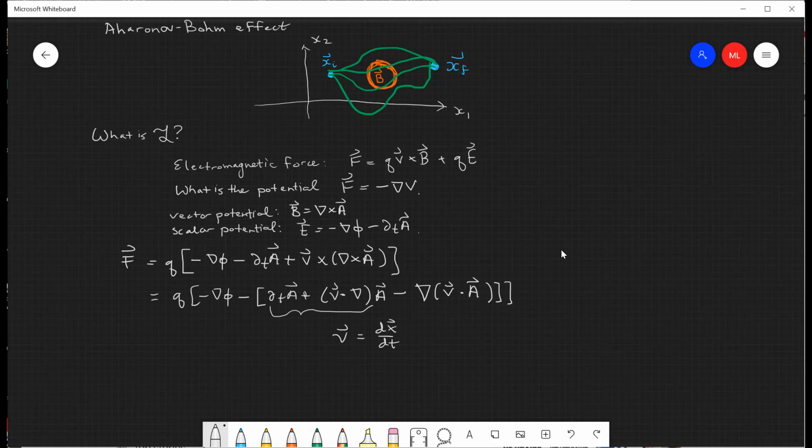So this is just like the chain rule. The full time derivative is equal to partial t plus dx/dt dotted into d/dx vector. And of course, we always write d/dx vector as the gradient. So that's just the gradient with respect to the coordinate x. So that's just the full time derivative of A.